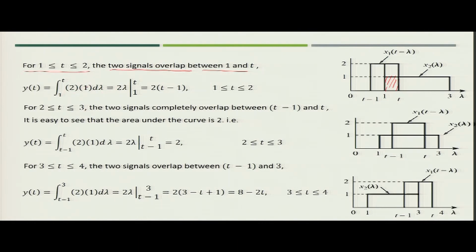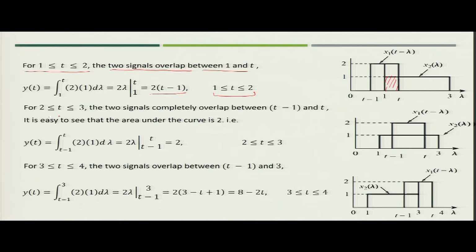So for this particular time between 1 to t, the integral will be between 1 to t, and the values would be 2 multiplied by 1, because it is 2 and it is 1. So when you solve, you will get the value of yt as 2 into t minus 1, when the t is ranging between 1 to 2.